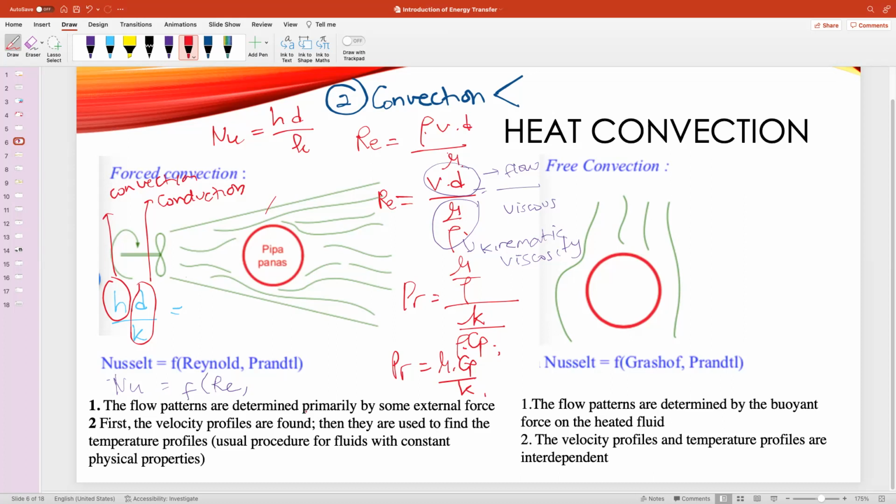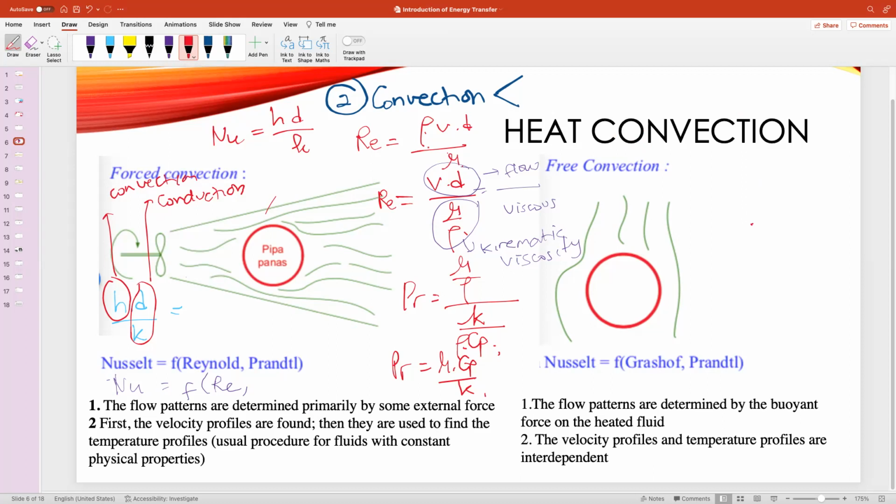Later on we're going to see some examples of forced convection. The second one is free convection, which is more complex compared to forced convection. I think we won't ask about free convection in the exam because it's very complex.